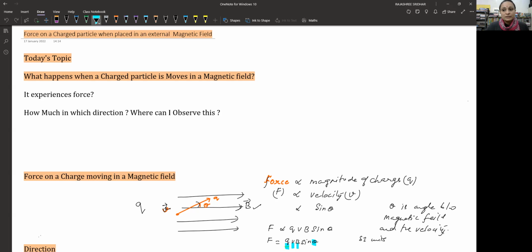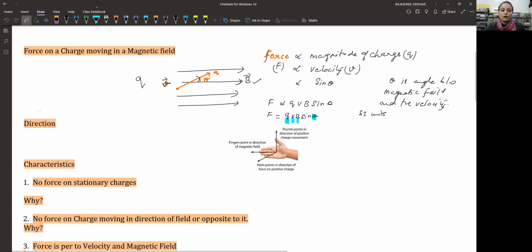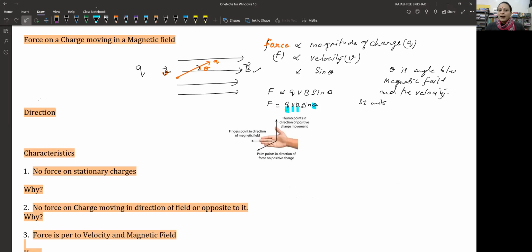Okay. Now, if it is a force, it should have a direction, because force is a vector quantity, and any vector quantity will have a direction, right? How do I find the direction of this particular force? For this, there is a rule called the right hand rule. Take your right hand. Whatever is the direction of the moving charge, I represent it by my thumb, and the magnetic field will be represented by all the fingers.